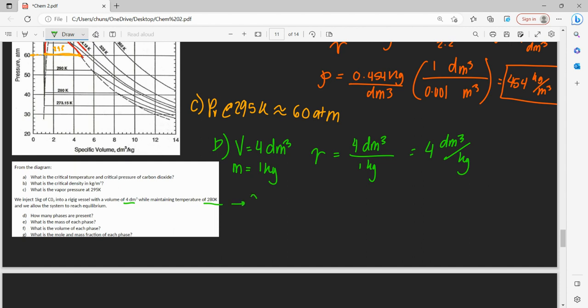So then let's find that on our graph. Right, so at 4 on the graph's x-axis for specific volume, and then we're going to read up to our 280 K isotherm.